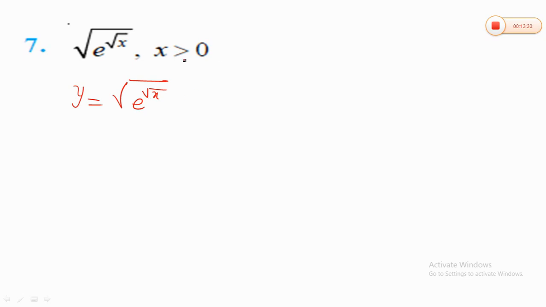So first we come across this root, and after that the exponential, e raised to root x, then root x. So the derivative of root is 1 by 2 root f(x), and so on.